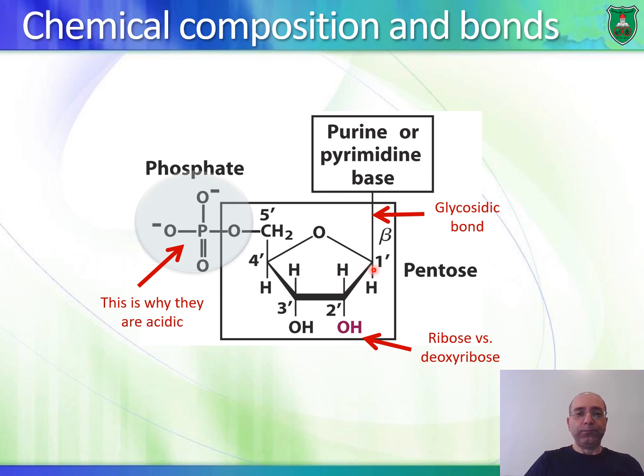Now another important carbon is carbon number 3, and another one actually is carbon number 5. So these are really important for you to know. So what does this mark mean? This little thing right here. This is known as prime. So this is 1 prime, 2 prime, 3 prime, 4 prime, and 5 prime.